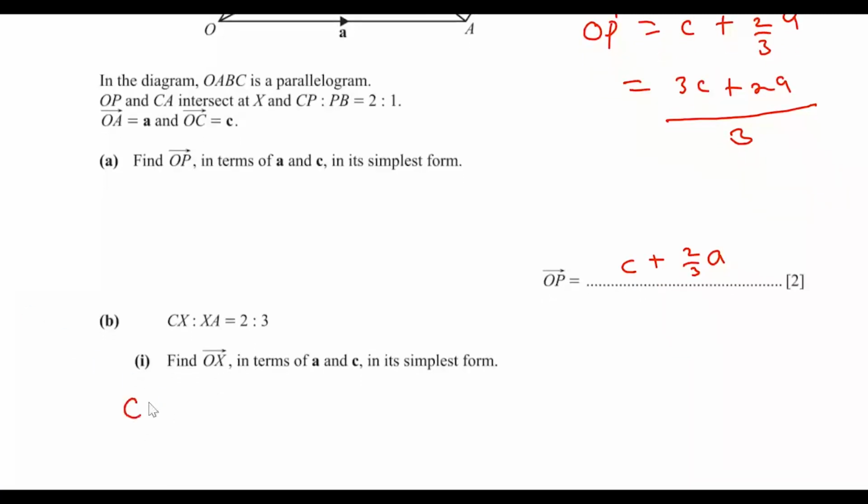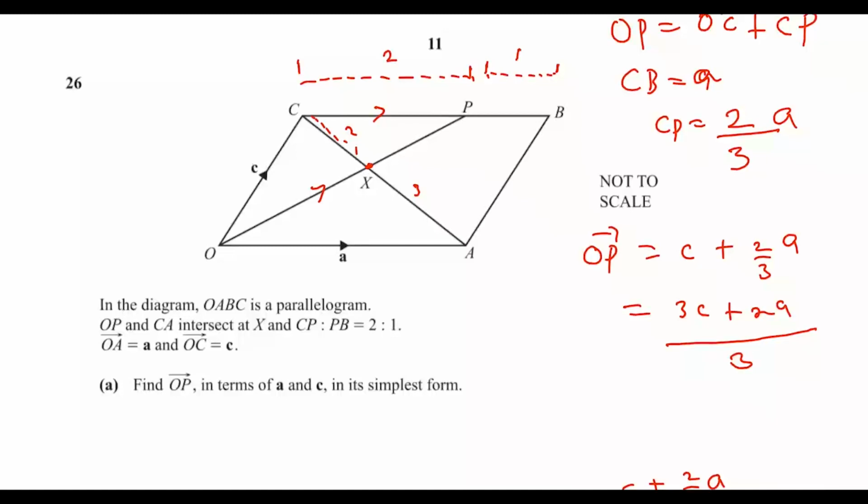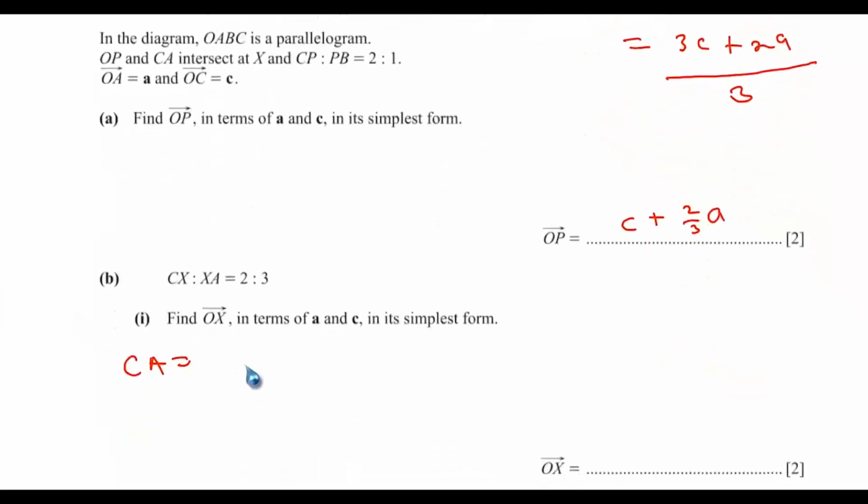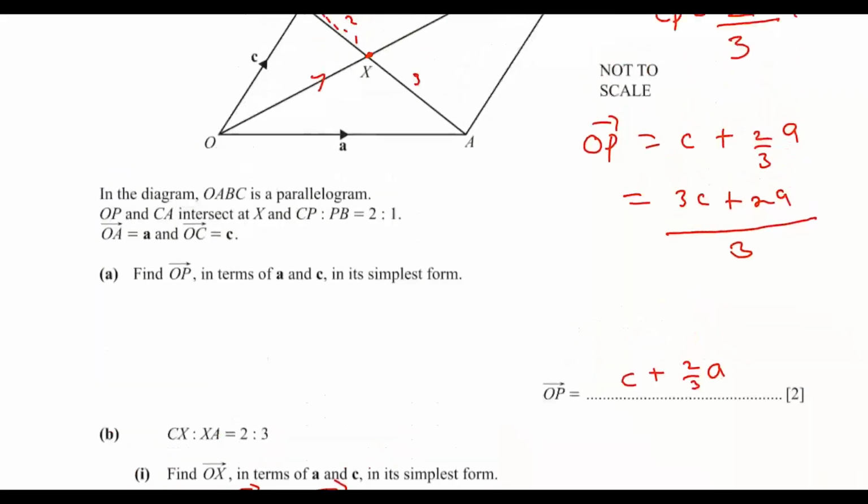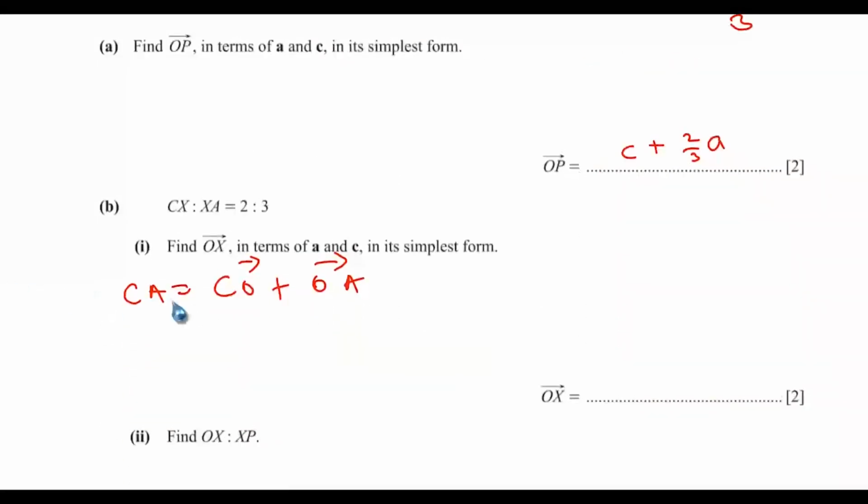So CA will be equal to CO plus OA. But we don't have CO, we only have OC. So we'll change it and add a negative to it. So this will be equal to negative OC plus OA.